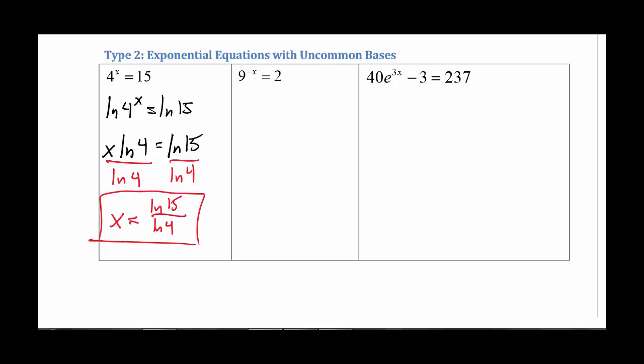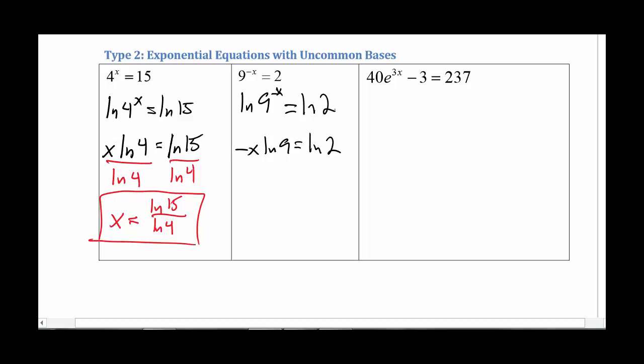Next example, we get 9 to the negative x equals 2. So I'm going to take the ln of both sides. So that brings that exponent out front: negative x ln of 9 equals ln of 2. And I apologize, I just caught that I did not write ln in front of the 2, where I should have done that because I took the ln of both sides.